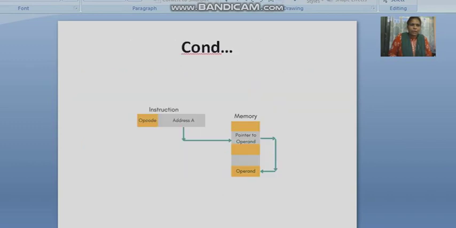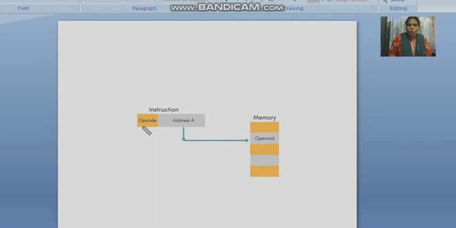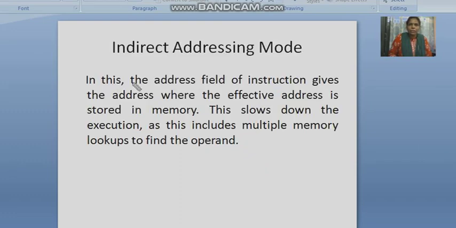And this is the diagram: opcode, the address, and the address of the memory location. Now indirect addressing mode. In this, the address field of the instruction gives the address where the effective address is stored in memory. This slows down the execution. Meaning there is indirectness here: the instruction has the address of the address.